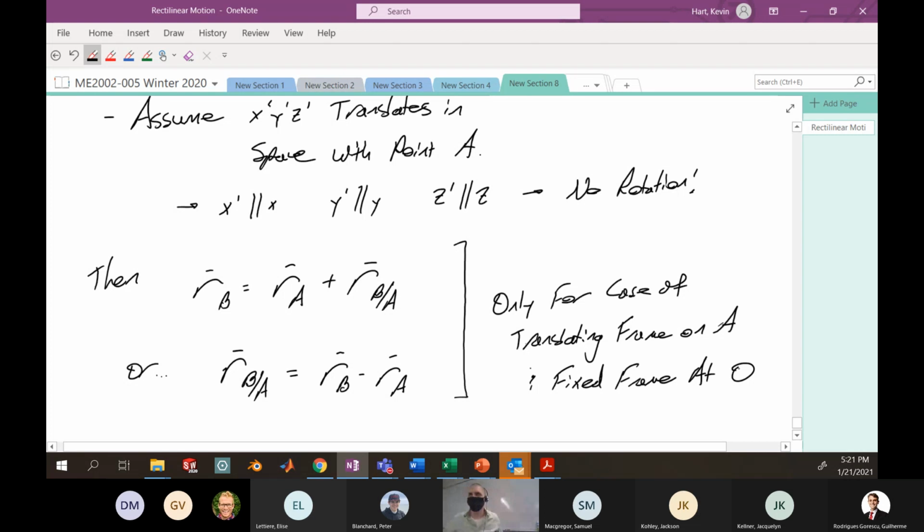Here at O, the origin. If your coordinate system rotates, then things get messy, and we'll see that in short order here.